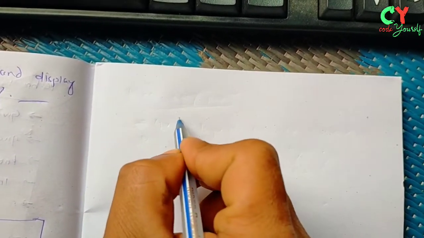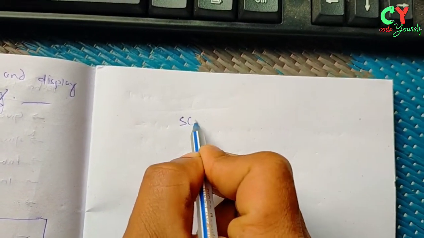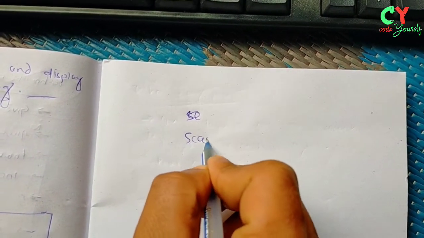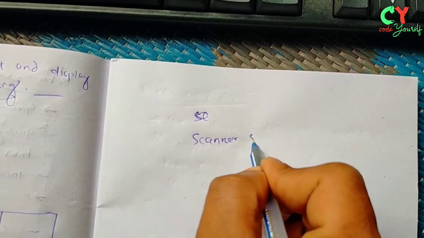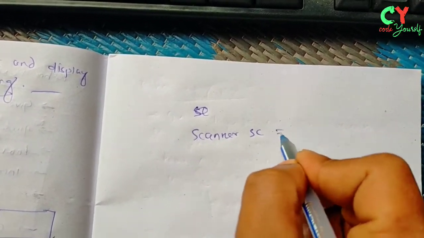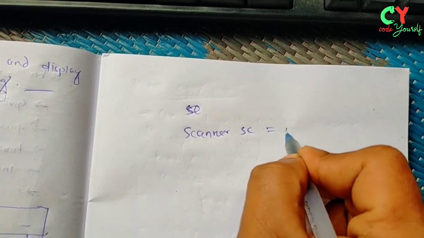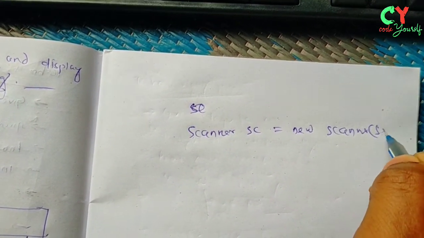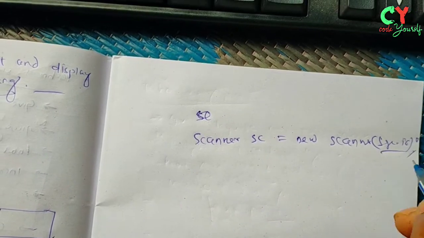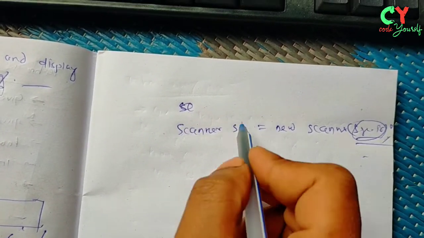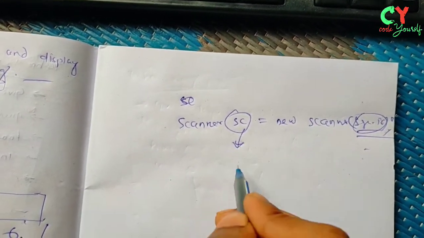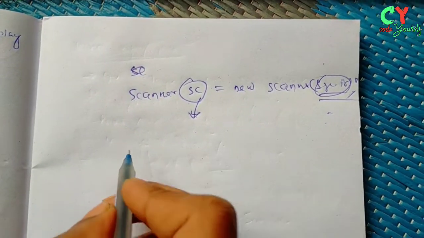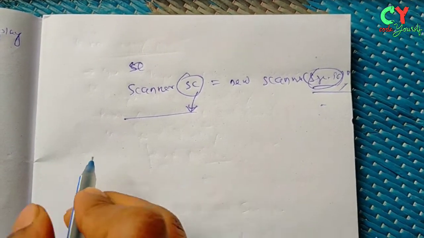We all know we first have to use the Scanner class to take input from the user. We have to create an object, I mean Scanner sc equals new Scanner, with System.in. Now by this sc object we can take user input, but in an array we use a for loop to take user input.